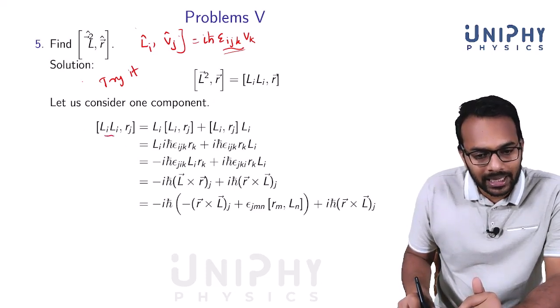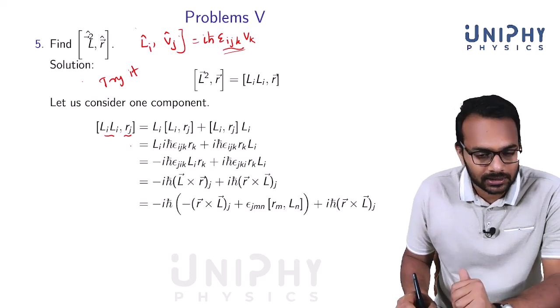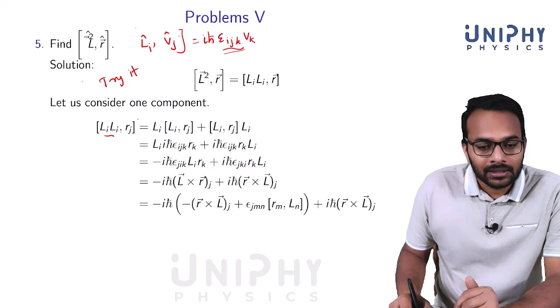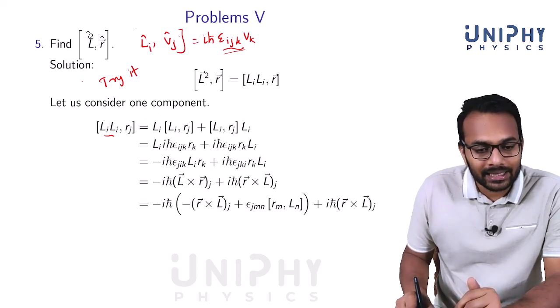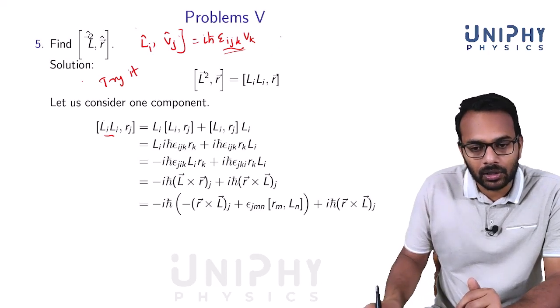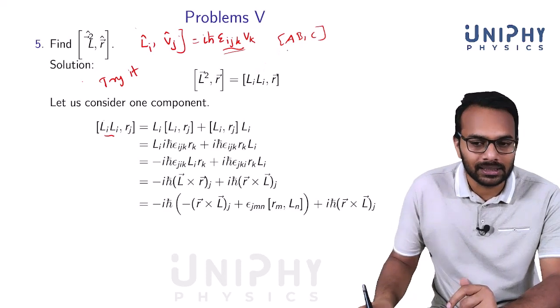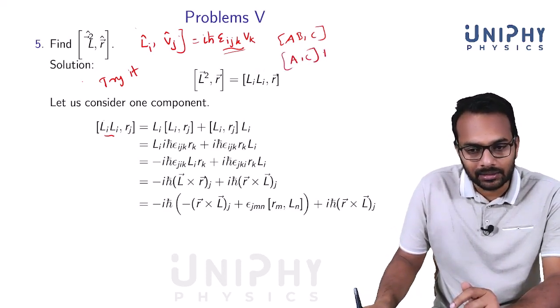So let's do Li with Rj. That's the jth component of R vector, some arbitrary component. We are not specifying which component it is. So we use the usual rule. We know how to do AB with C. If you want to do AB with C, you do A with C and then put the B outside.